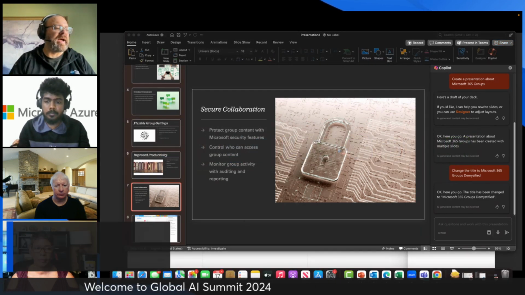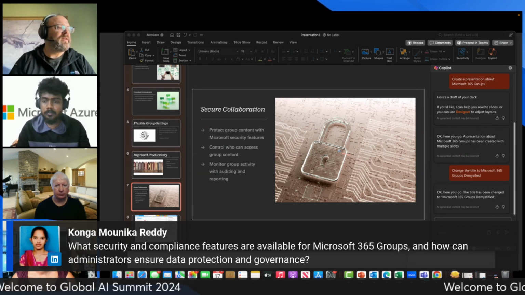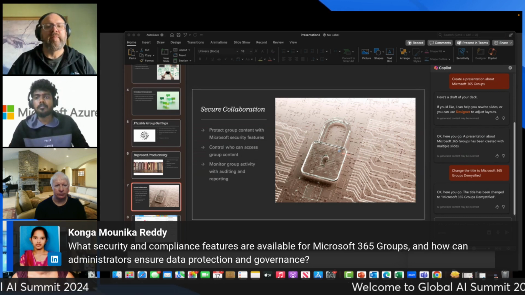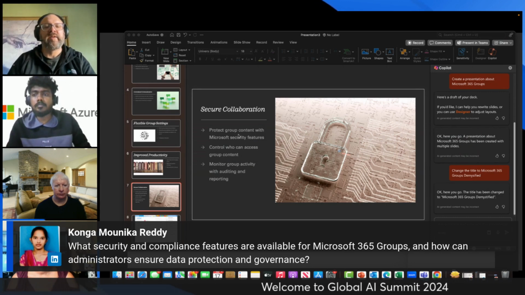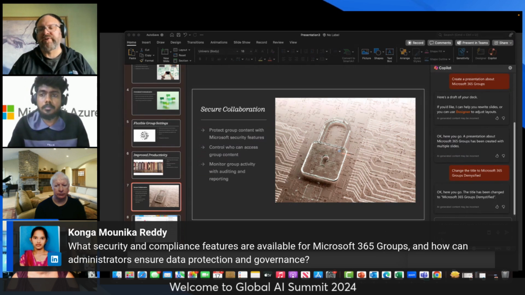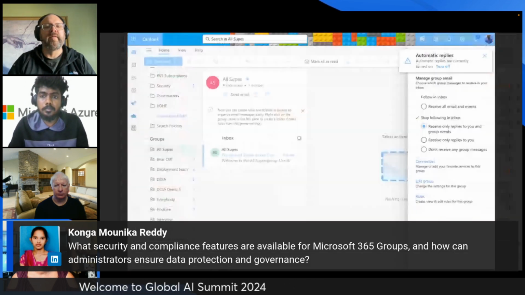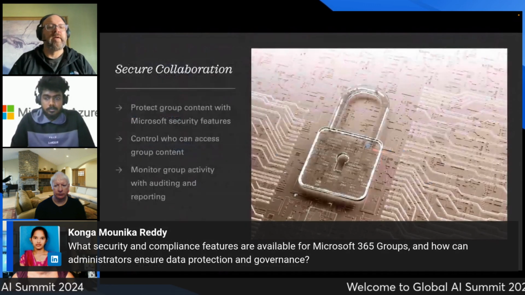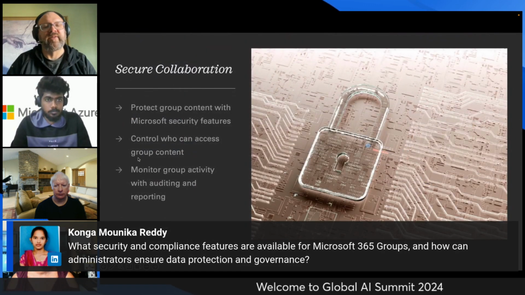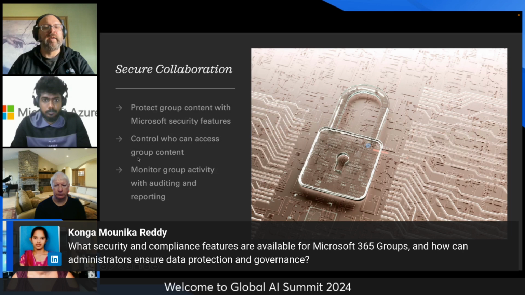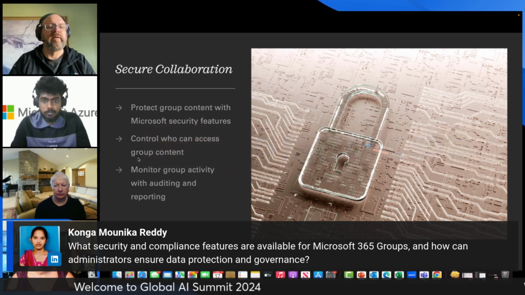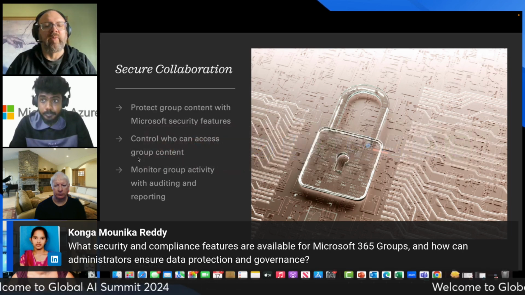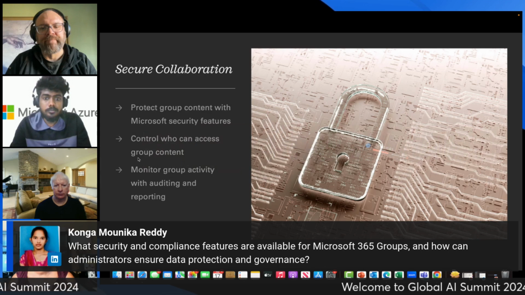And then most importantly, to our questions from the audience, what security and compliance features do we have within this solution? Protect group content with Microsoft security features. Control who has access to group content and monitor group activity with auditing and reporting.